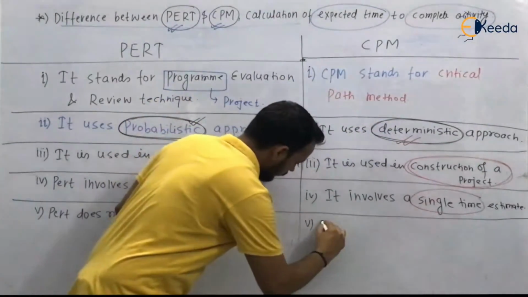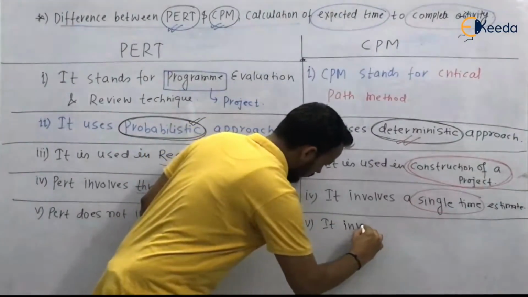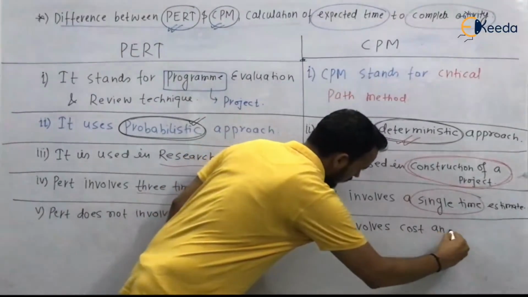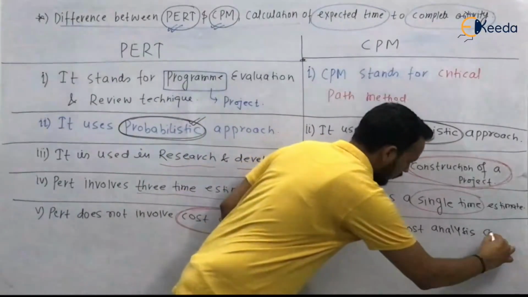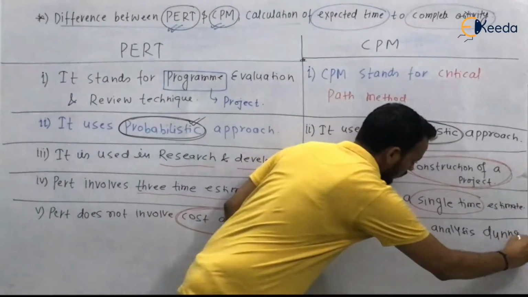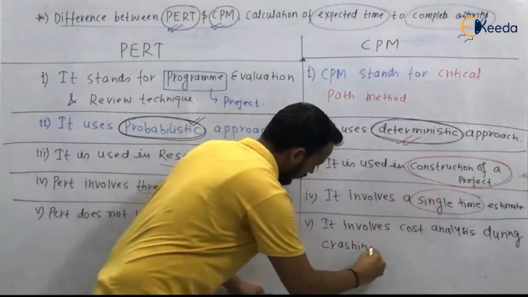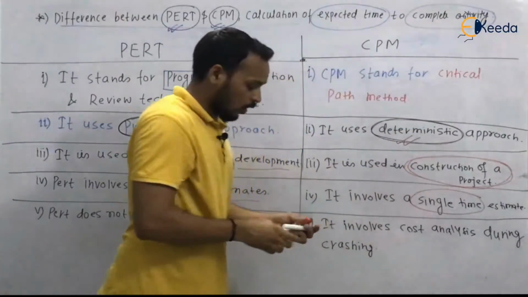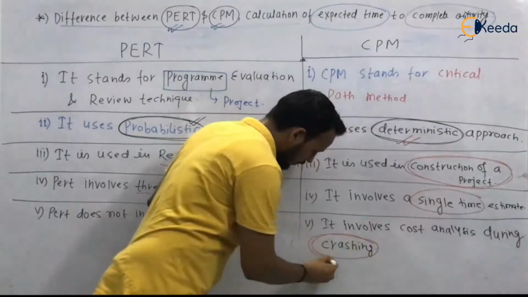So CPM involves cost analysis during crashing. In CPM we will talk about cost, and there is a topic named crashing, which is the last topic of this chapter.